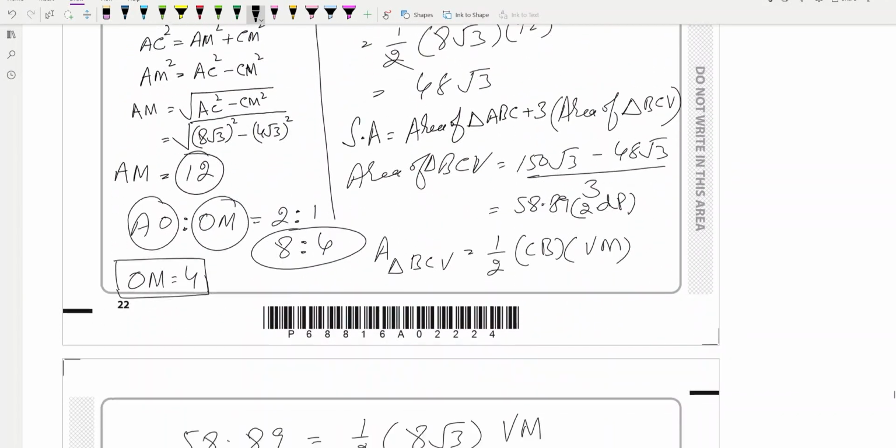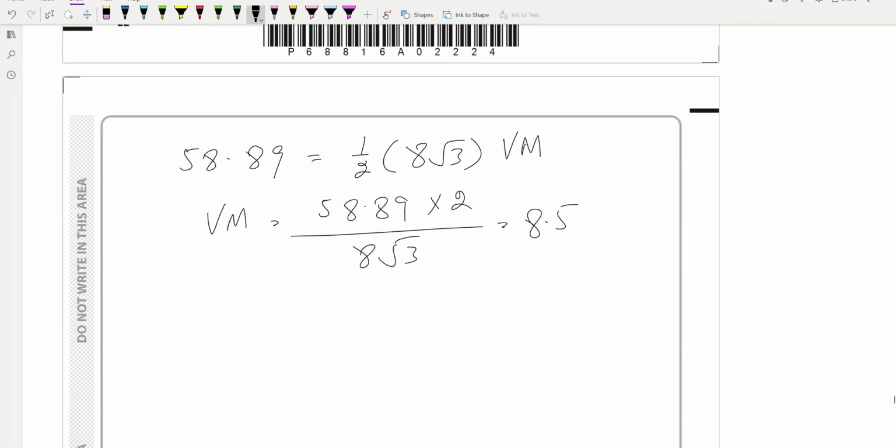Now we need to do what? We have calculated VM as 8.5 centimeters, and OM we already have, which is 4. VM is equal to 8.5, and OV we need to find.